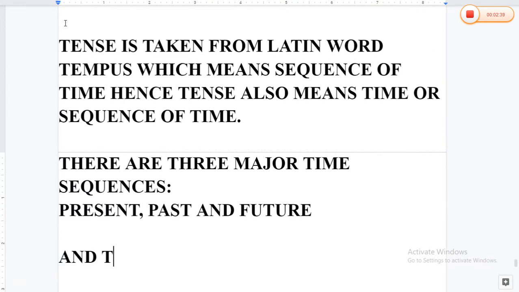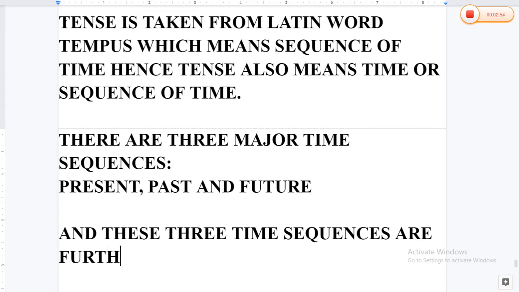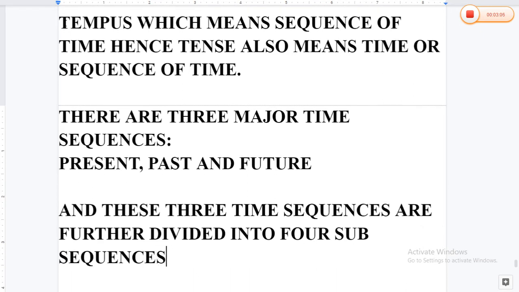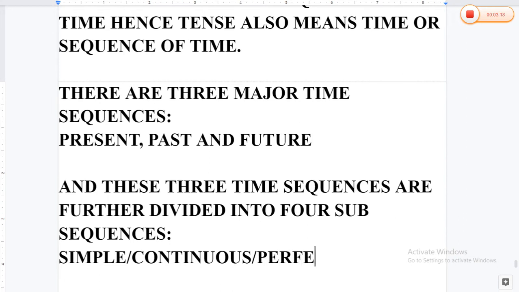And these three time sequences are further divided into 4 sub-sequences: simple, continuous, perfect, and perfect continuous.